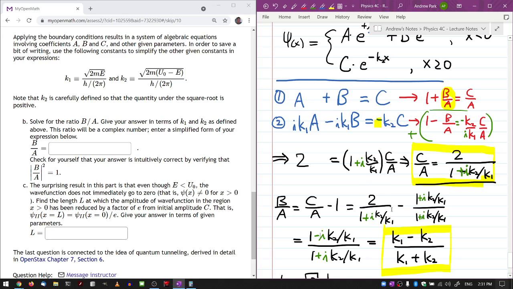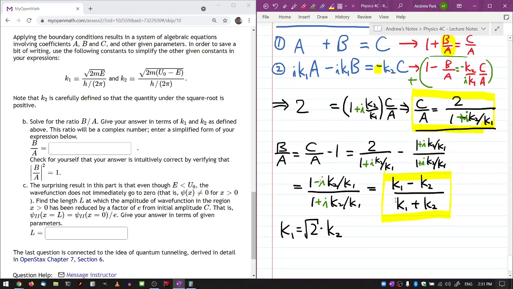Before, it looked like this: a completely real coefficient with a numerator that was a difference and a denominator that was a sum. With these changes, what's different is that the numerator is k1 minus ik2, and the denominator is k1 plus ik2.